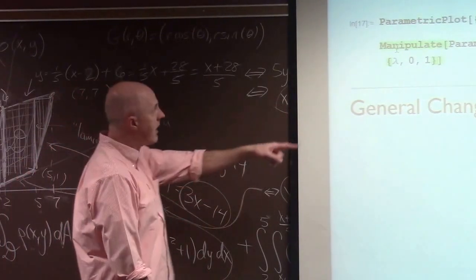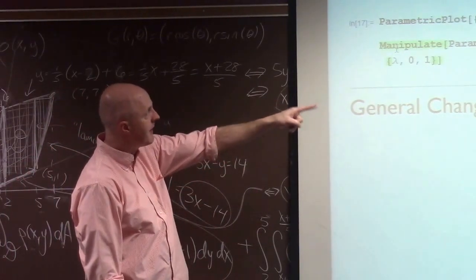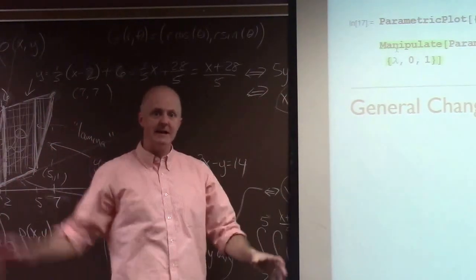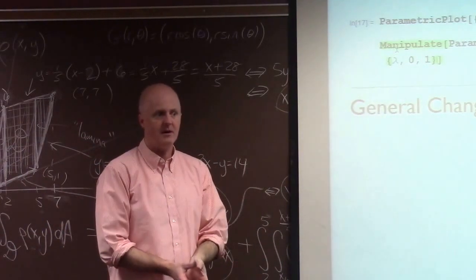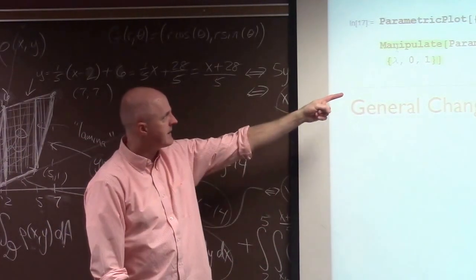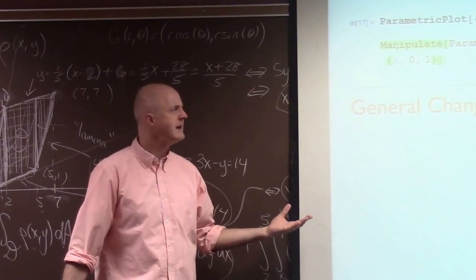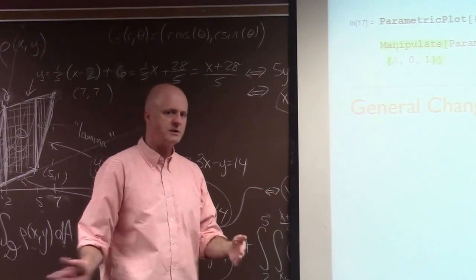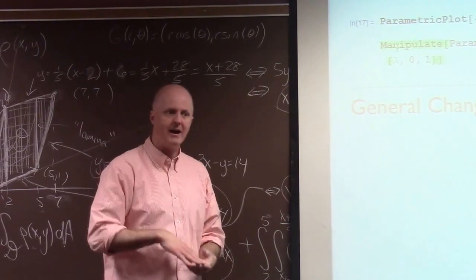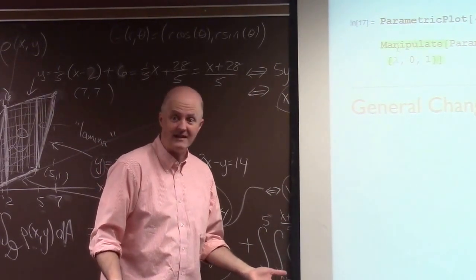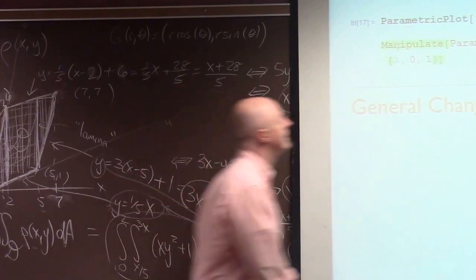When you think about r going from 1 to 2 and theta going from 0 to pi in the xy plane, you get this half of a washer. But if you imagine graphing something like this in an r theta plane, you would just get a rectangle. R goes from 1 to 2, theta goes from 0 to pi. It would be a rectangle in a plane labeled with r and theta.